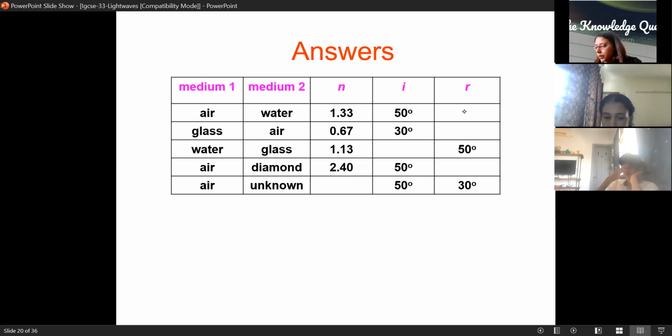So R is in first. The first one is sin i upon sin 20. Wait, sin inverse of what? You found R, sin inverse of what? I was looking at the wrong one. It's the sin inverse of sin 50 upon 1.5.